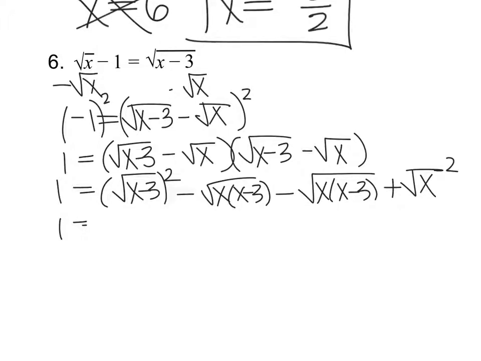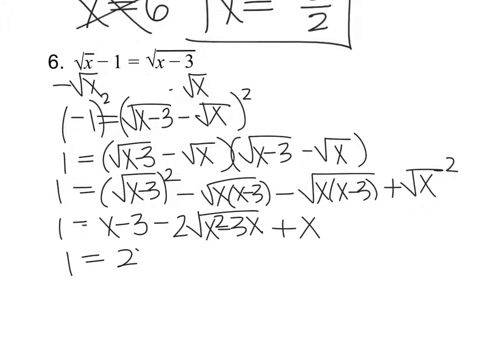Canceling out square roots, distributing and combining like terms, we get x minus 3 minus 2 square root x squared minus 3x plus x, which gives us 2x minus 3 minus 2 square root x squared minus 3x.